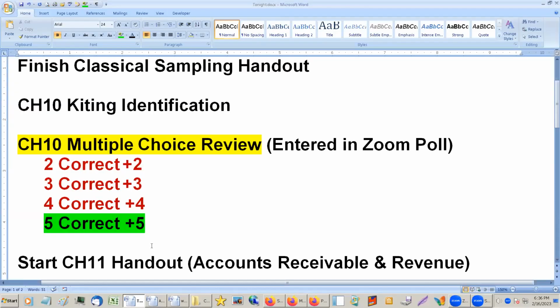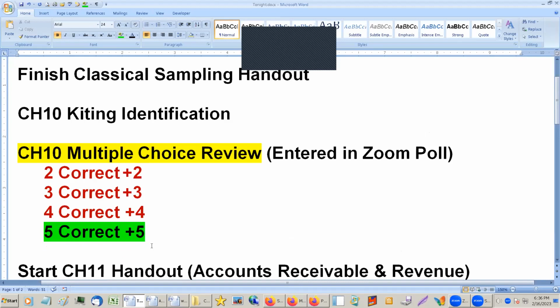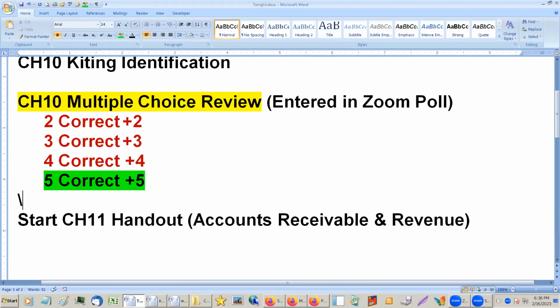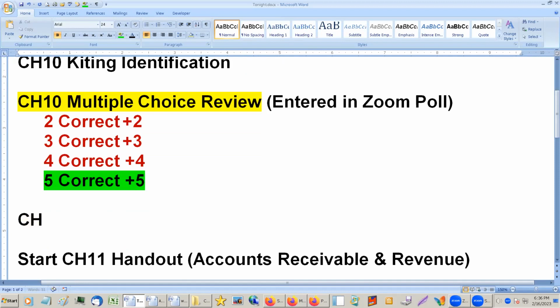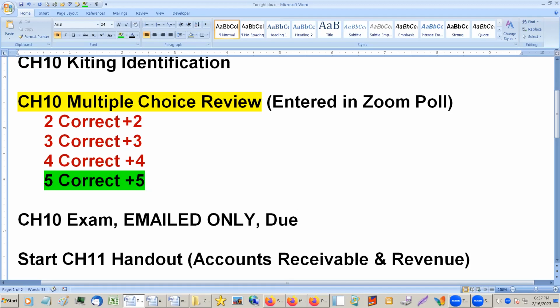And I'm going to send out the chapter 10 exam. It'll be due a week from... I didn't put it on here. So the chapter 10 exam will be emailed, and it will be due on 2-24, Friday, a week from tomorrow.